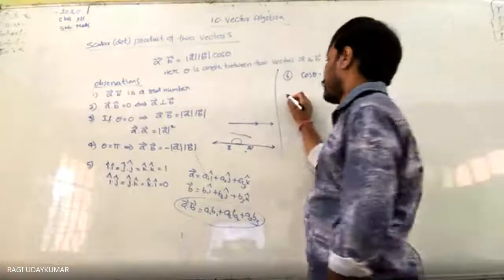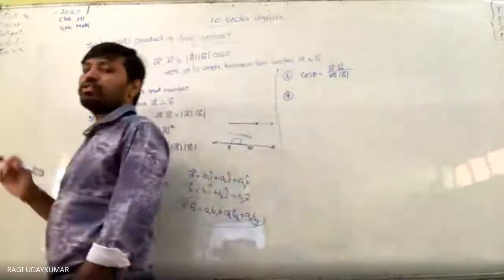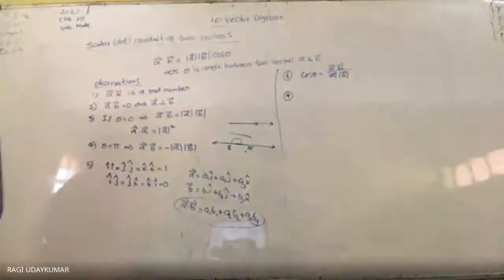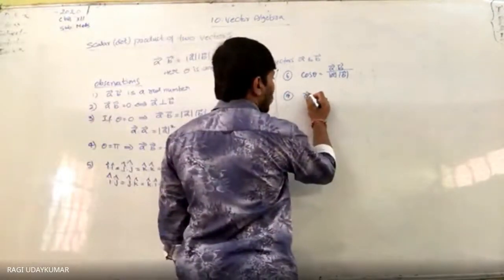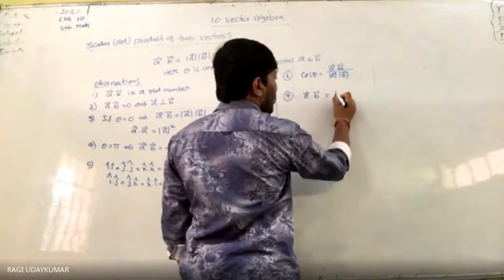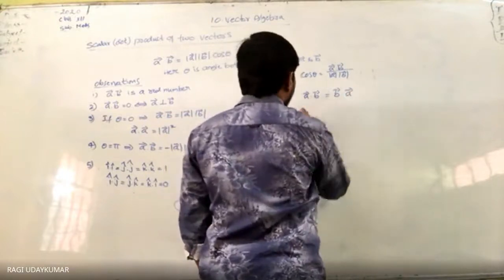Okay, so the next thing is that the dot product always follows the commutative property. What is the commutative property? A bar dot B bar is equal to B bar dot A bar.